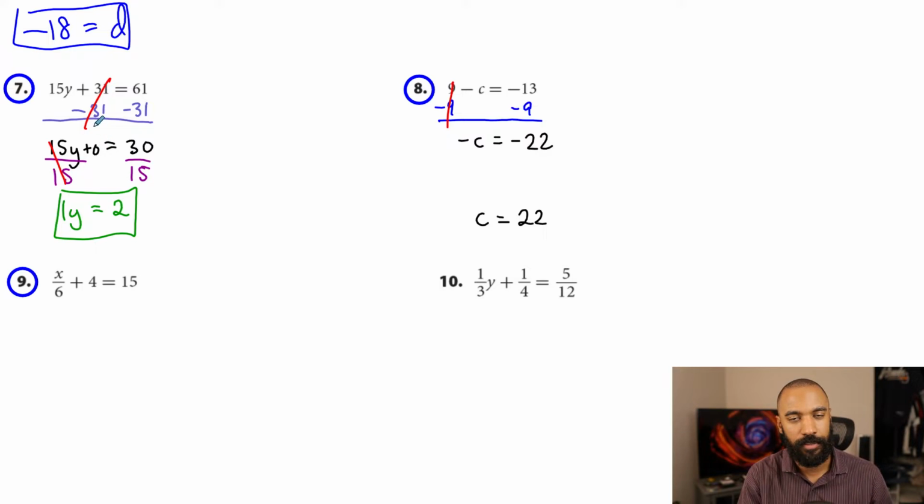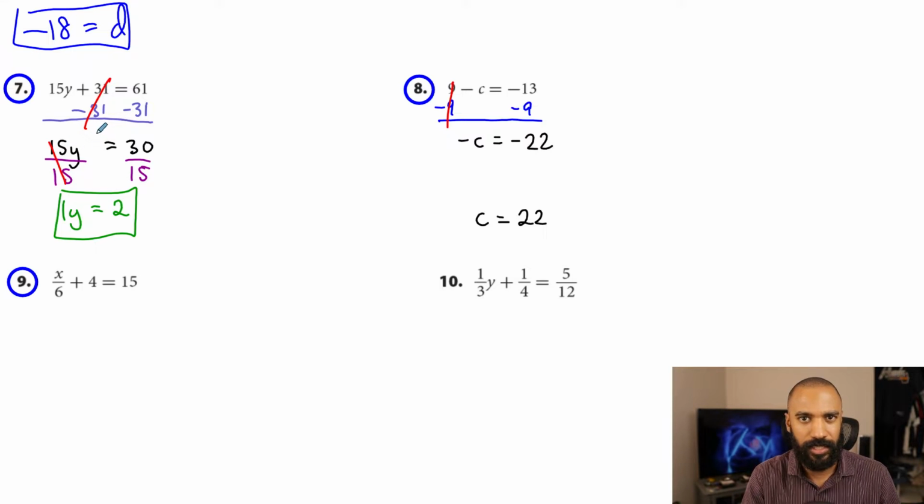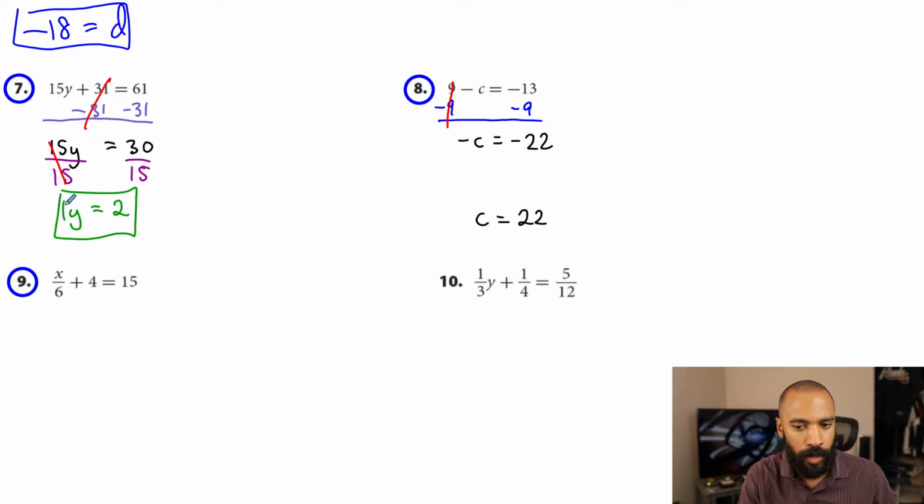I want to give myself the impression that that is non-impacting, that if I don't write it, nothing's going to change anything. So by canceling, it means I don't write it anymore. But by stating that it doesn't exist is kind of the wrong way to put it. So this is 1y. A single multiple of y gives me 2, whereas 15 multiples of y gives me 30. And then plus 31 is 61.